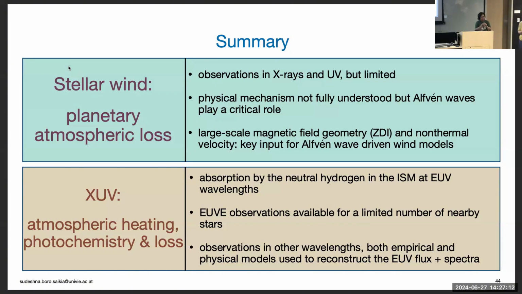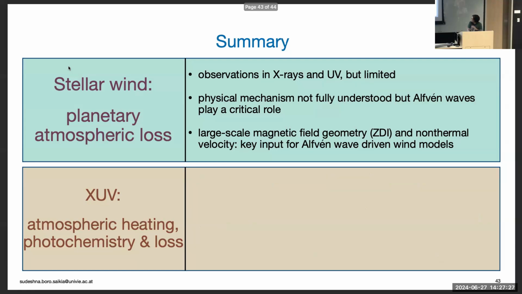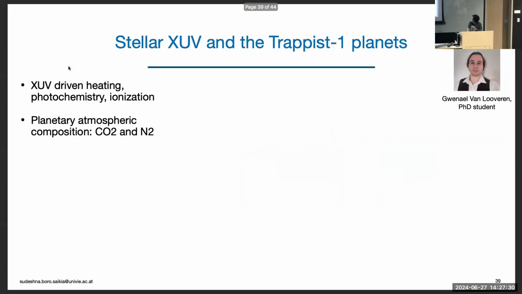Very good talk. Thank you. I just want to point out that it's really important to go beyond the XUV flux to speculate. If we go back to slide 38, I think that really illustrates the point very well.